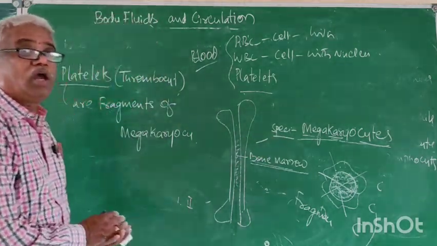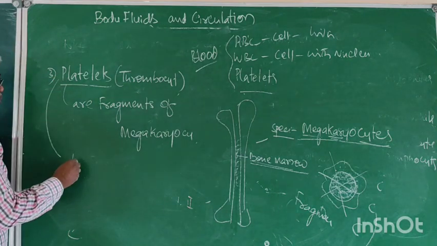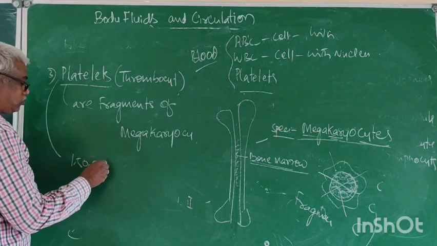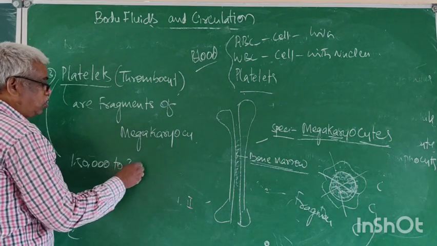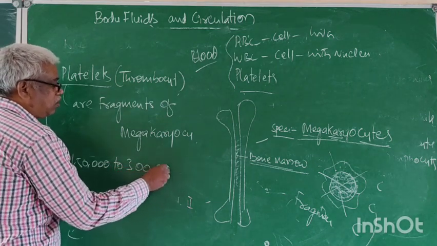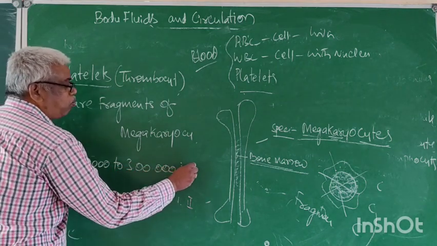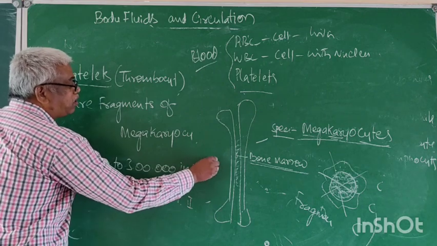Now come to the platelet count: 1,50,000 to 3 lakhs in 1 cubic millimeter of blood.